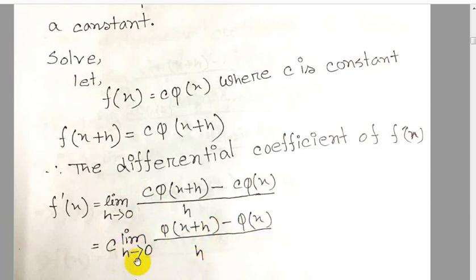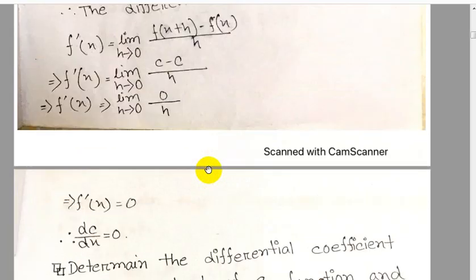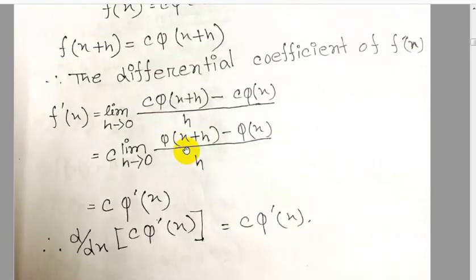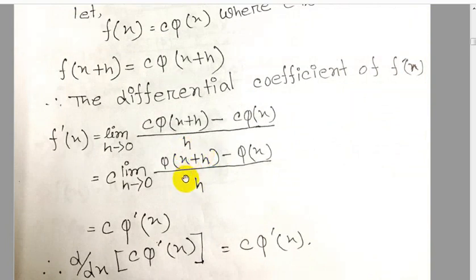You can compare the whole term with our definition of differential coefficient, which is f prime x, equal to limit h tends to 0 f of x plus h minus f of x divided by h. We can compare this term with our definite term, and here we can see phi instead of f, right? So by definition we can call it phi prime x.